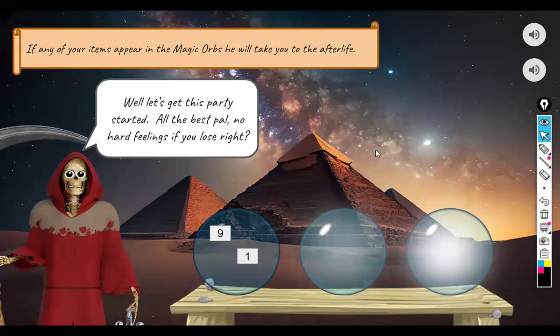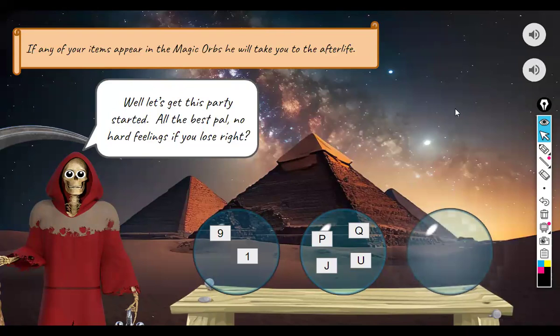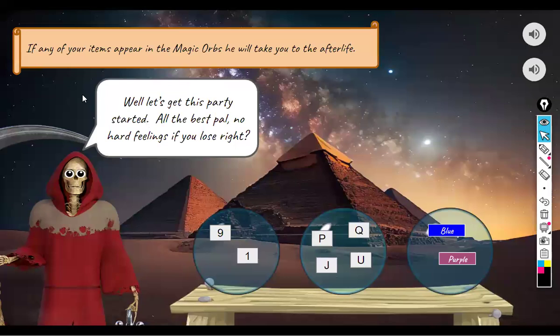Next orb, unlucky letters, P, Q, J, and U. And last, the unlucky colors are blue and purple. Did anybody survive the last one? All right, congratulations to those who won. And for those who didn't win, good luck in the afterlife. All right, send me a postcard.